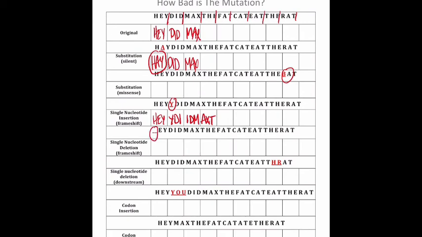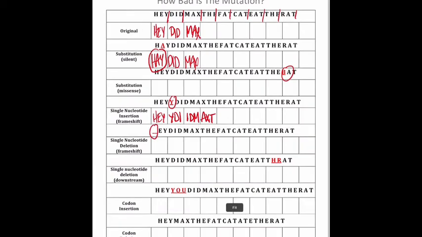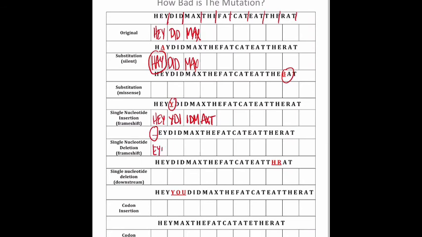A deletion is also going to be a frame shift mutation because you're going to have something like this, okay? And so, yeah, I think that's right. I don't know. I maybe missed some of those letters, but you can figure it out, okay? And so that's a deletion. Now, you could also have a deletion downstream. And so we're going to take out the T in THRAT.